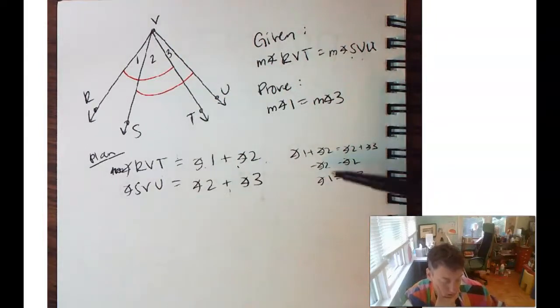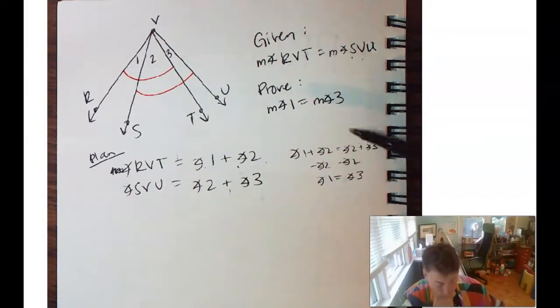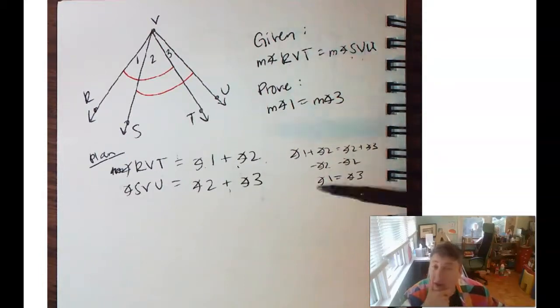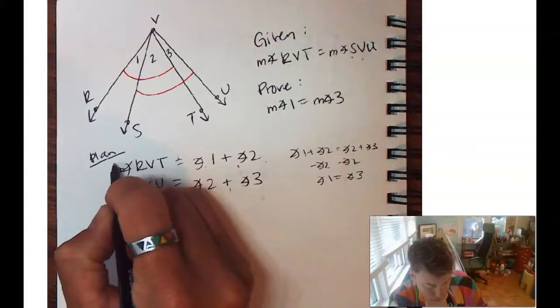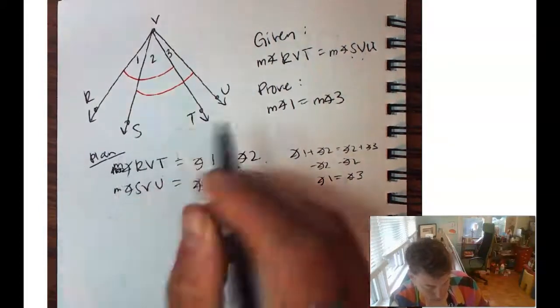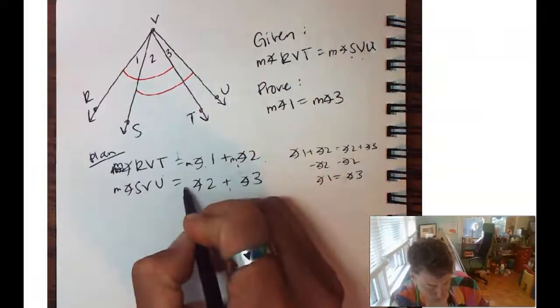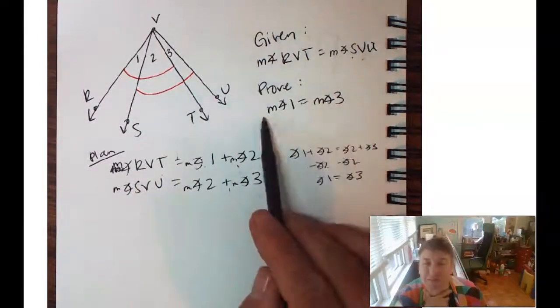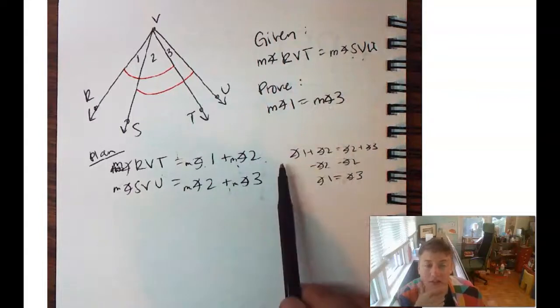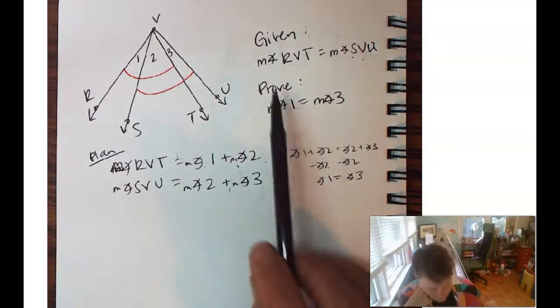And we subtract off angle 2, and we're left with what we're looking for. Okay, I was a little sloppy here. I really should have put the measure of in front. There should be little m's in front of all of these angles to mean the measures of.